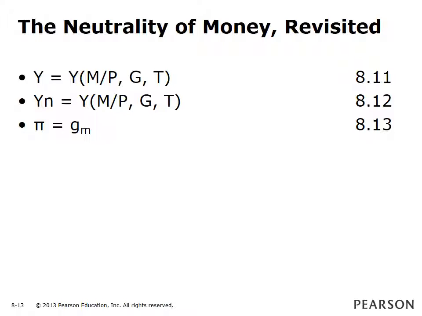At the natural rate of unemployment, output is equal to the natural level of output, Yn. If the natural level of output is constant, then M over P, the real stock of money, must be constant given G and T. This gives us an important relation shown by equation 8.13. In the medium run, the rate of inflation pi is determined by the rate of money growth Gm.